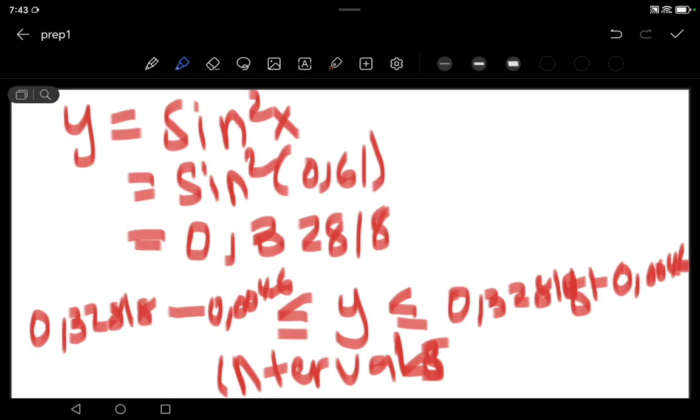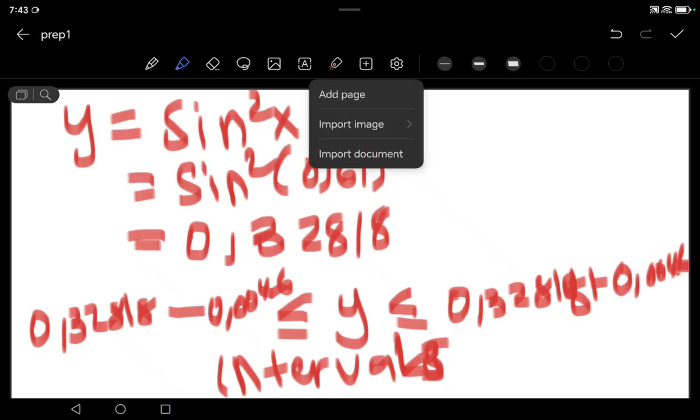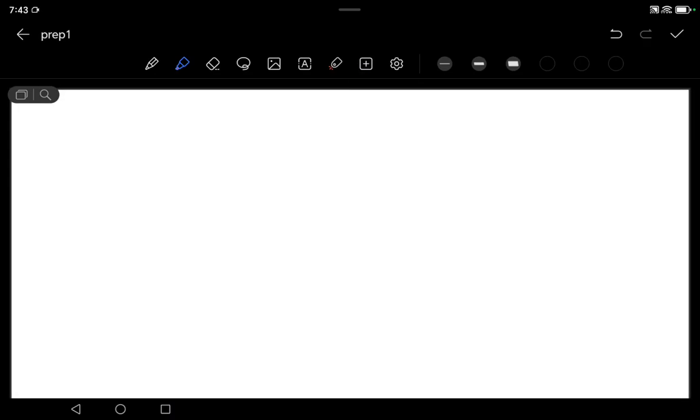So we did an example. Now let's do an activity. We have an activity on estimating the maximum error. You see activity 1.2. Yes, I see. They say determine the maximum error for y is equal to 1 plus cos x, x is equal to 0.5, and changing x is equal to 0.01.